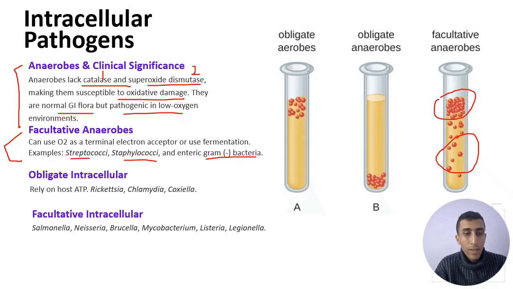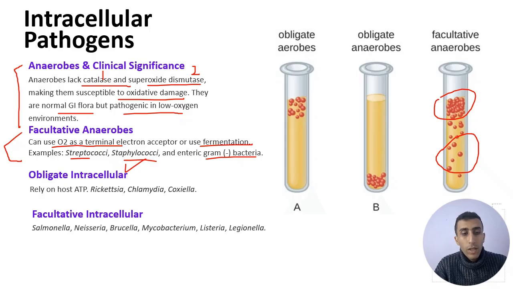For example, this is why Staphylococcus can cause upper respiratory tract infection, but can also be involved in abscesses and in infection in anaerobic and ischemic tissue. They can use oxygen as a terminal electron acceptor, or use fermentation, so they can get energy both through aerobic and anaerobic ways. This is obligate anaerobe versus the facultative anaerobes.